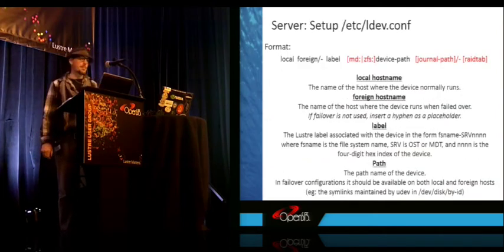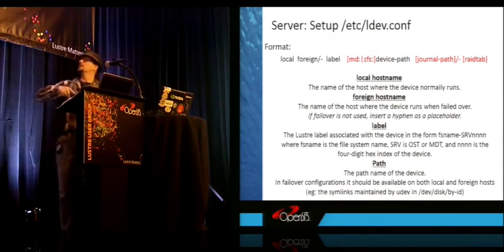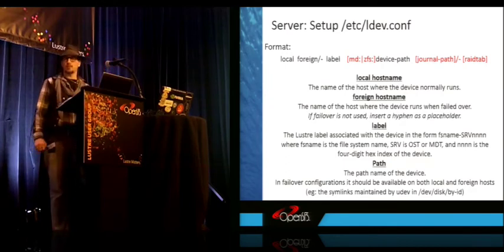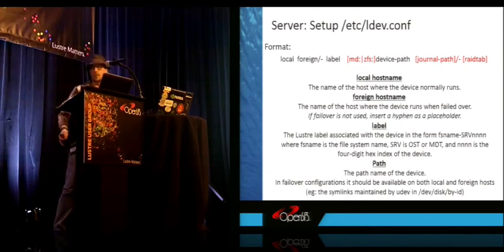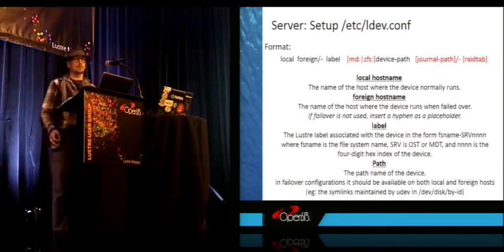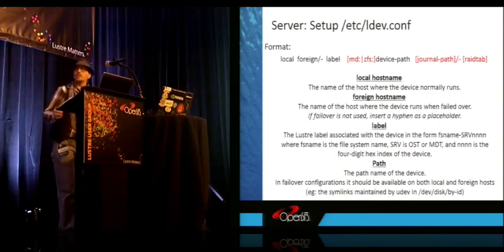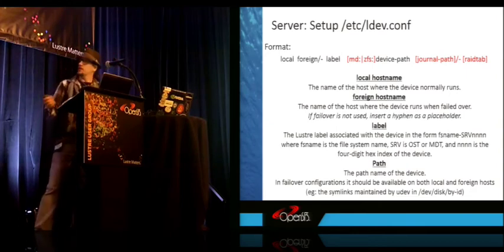Okay, and then one of the things that I like lately is your ldev.conf. That's where you can store all the information about all your Lustre pieces. You put in there what system it's to be mounted on, what the path is for that, what the label is, like in our case it's data, which Lustre file system label it is, and the device path.